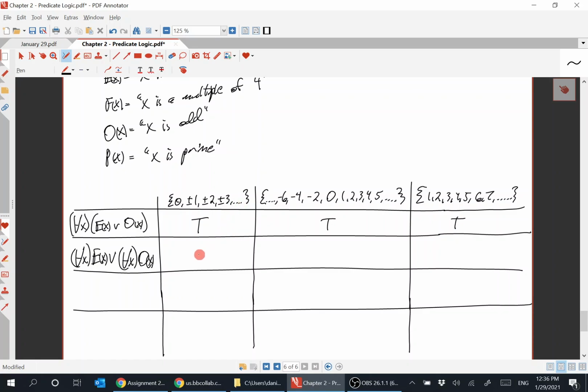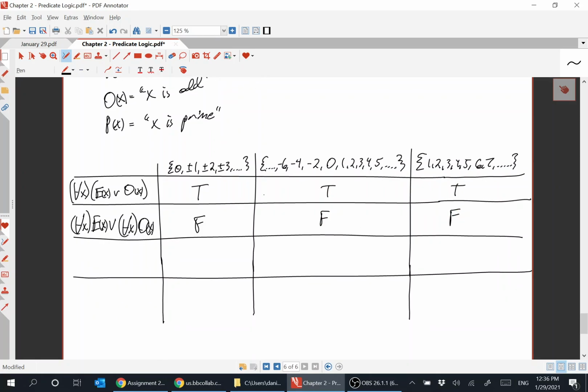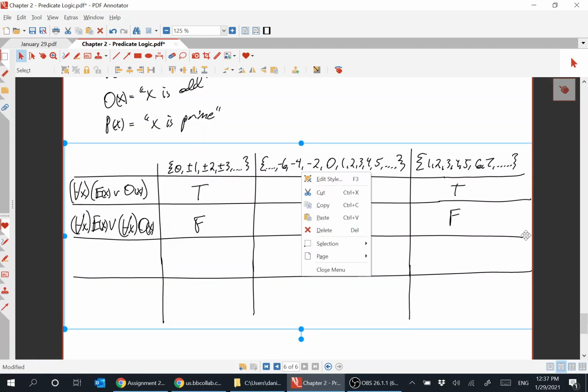No. False. Here? It's also false. Here again false. The only type of domain over which that would be true would be a domain that consists of only even numbers, or only odd numbers.